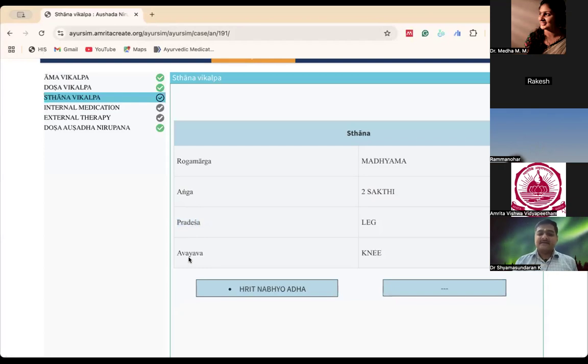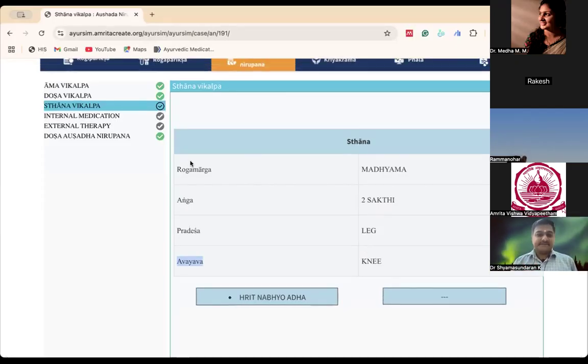And again, not only that, avayava is also important. So when you have decided and considered all of them, your treatment is very precise to the point and very easy to administer. You will not have any doubts in that. And based on that, you will do the internal medications.